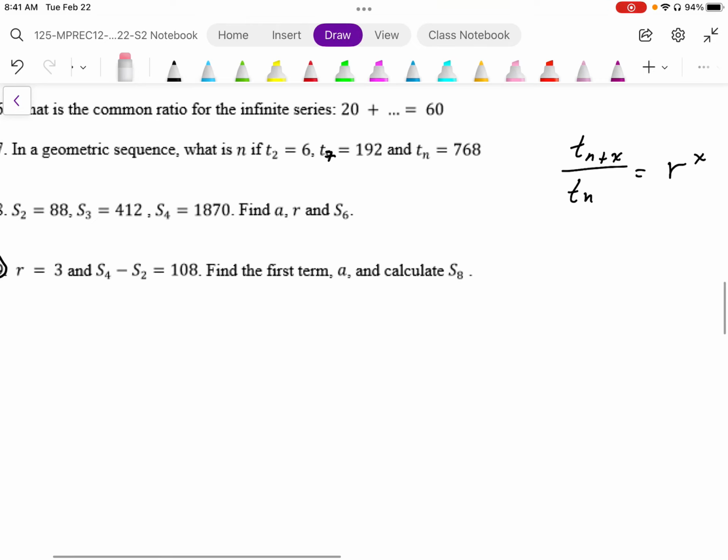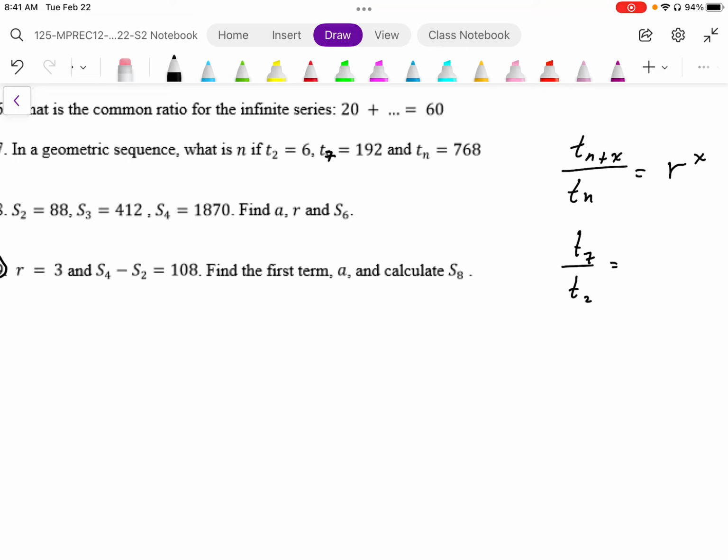I'm going to use this property that if we divide any two terms, it'll give us the R value to the power of the difference between the two terms. So for example here, I'm going to write this as T7 over T2.